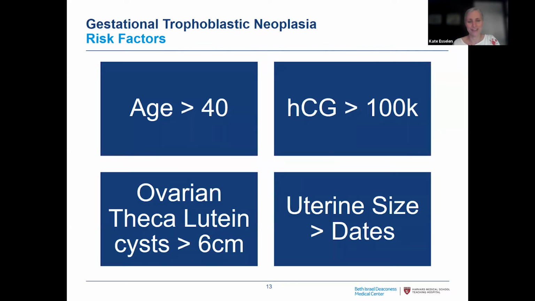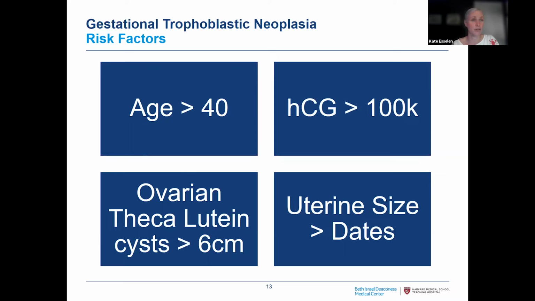And what are those risk factors? So after a molar pregnancy, we know that complete mole, as we've talked about, is a significant risk factor for the development of GTN, but there are some other risk factors, such as age greater than 40, HCG over 100,000 pre-evacuation. On ultrasound, it's not uncommon, especially as you get to higher gestational ages, to see theca lutein cysts on the ovaries.